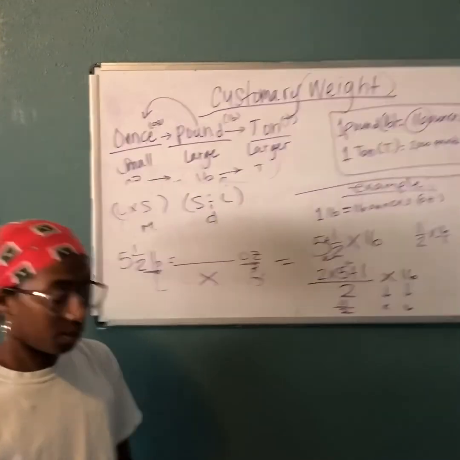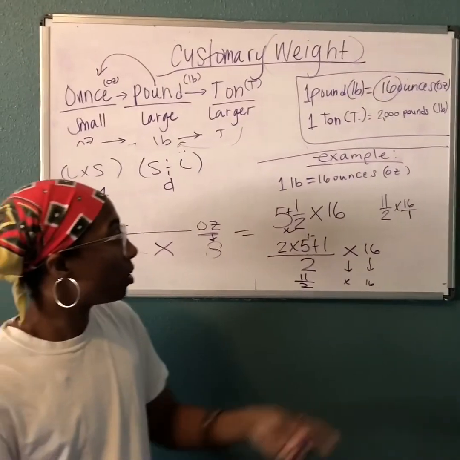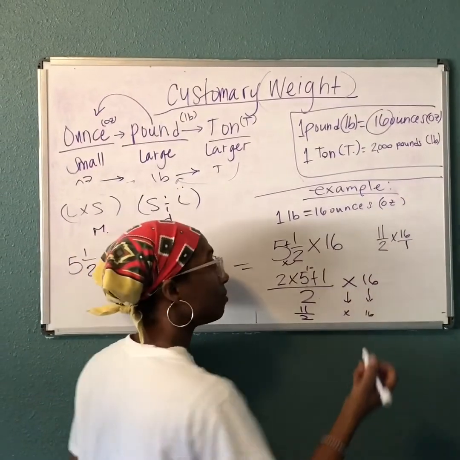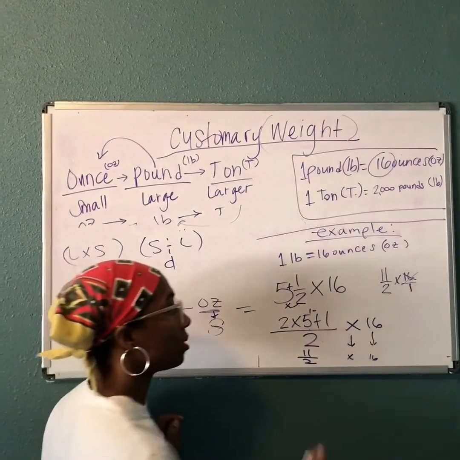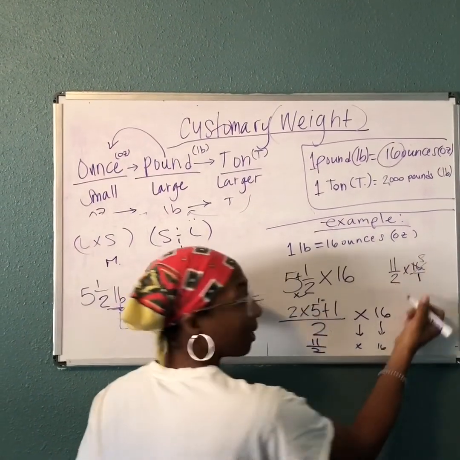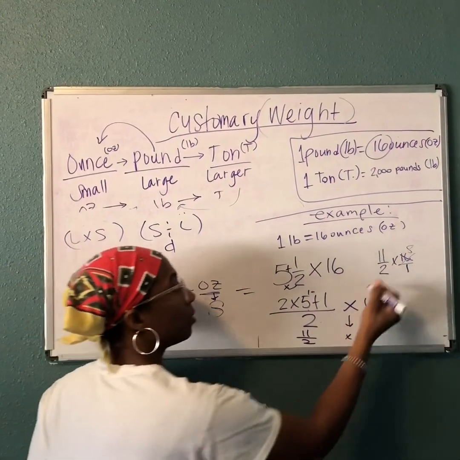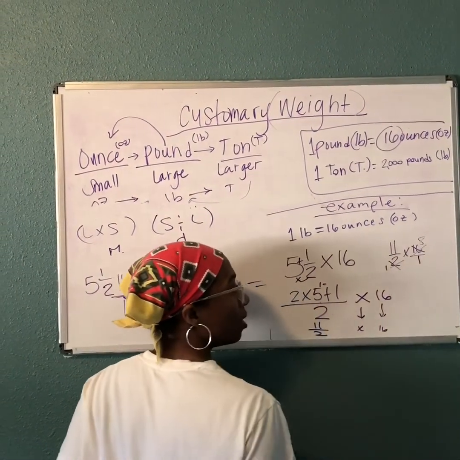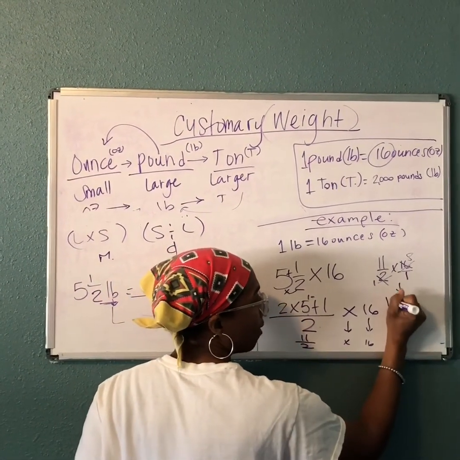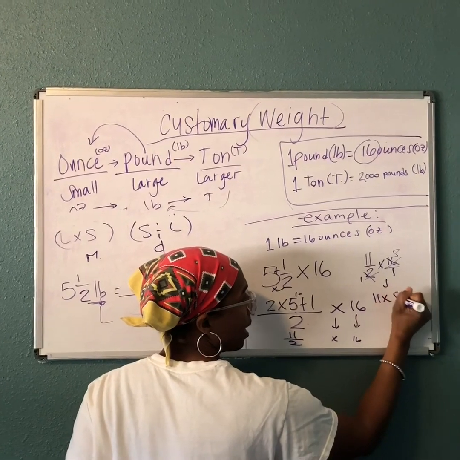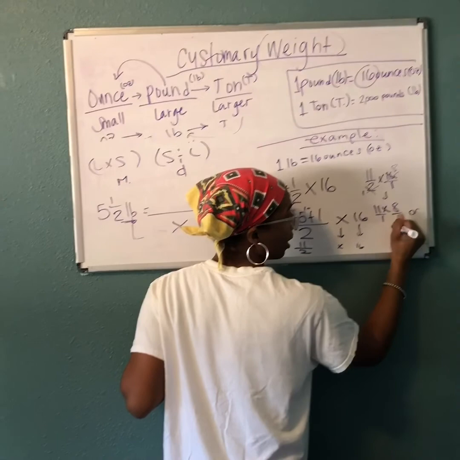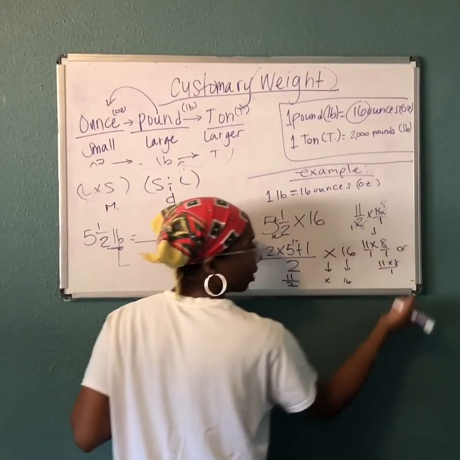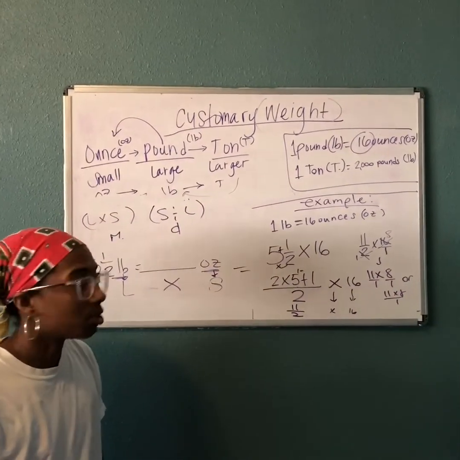Yes, 16 divided by 2 is 8, and 2 divided by 2 is 1. So change that to 1. Our new numbers are 11 times 8 over 1, to make it easier.